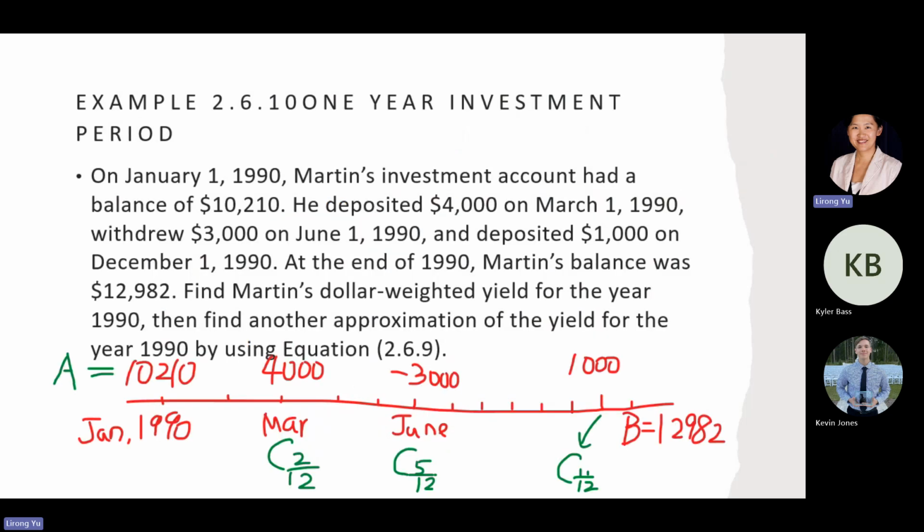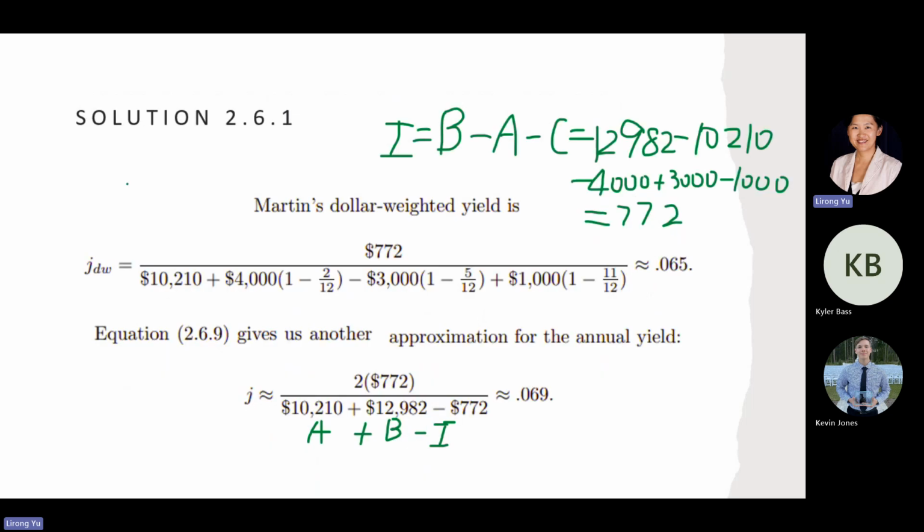A is at the beginning, B is at the end, and in the middle we have three C's, right? So you take B minus A minus all the C's. That's our I, right? And we end up having an I that equals 772. Now we're ready for the computation.